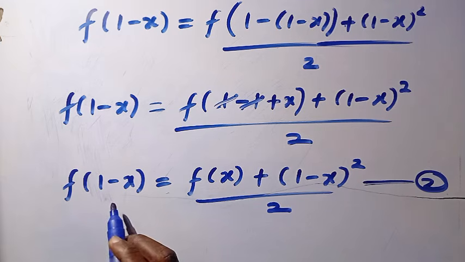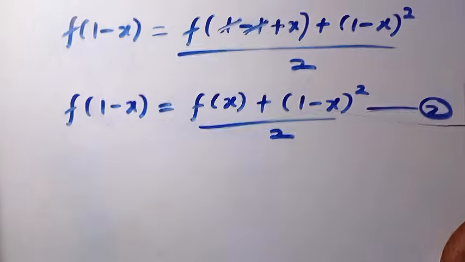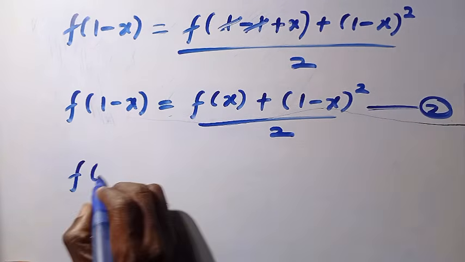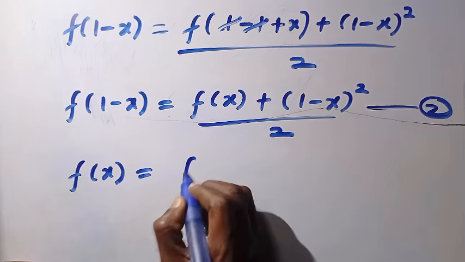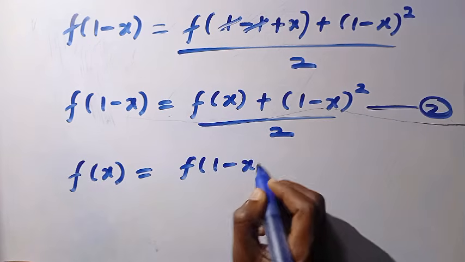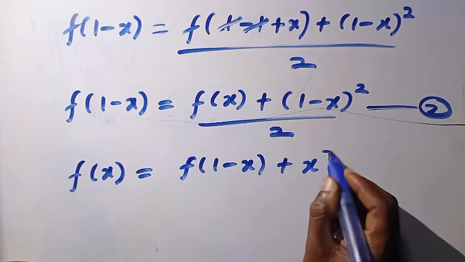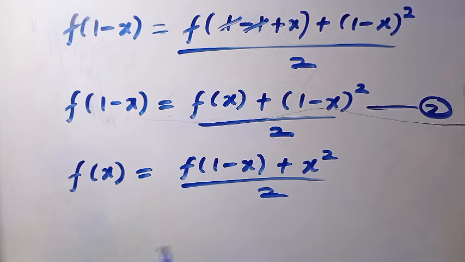Suppose I substitute equation 2 into equation 1. We know that equation 1 is f of x equals f of 1 minus x plus x squared divided by 2.